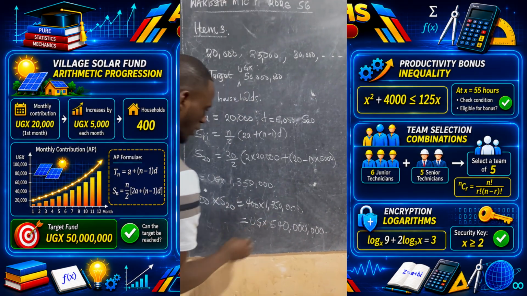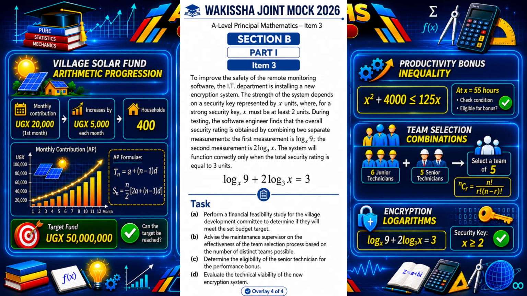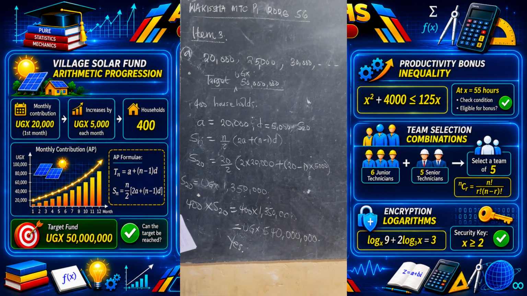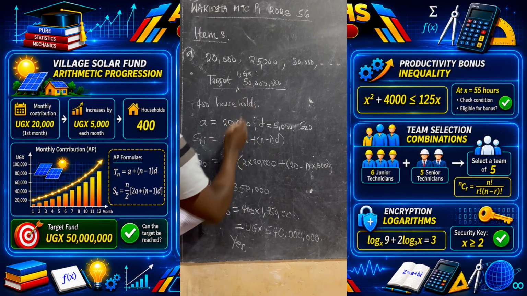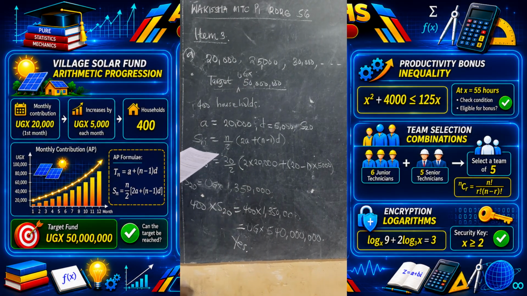Before I even proceed to other parts, I know they must ask me to perform part A, a financial feasibility study for the village development committee to determine if they will meet the set budget target. Their set budget target is just 50 million. They have raised 540 million. So it is a yes, they will meet it because the money acquired is greater than the money that they set as a target.